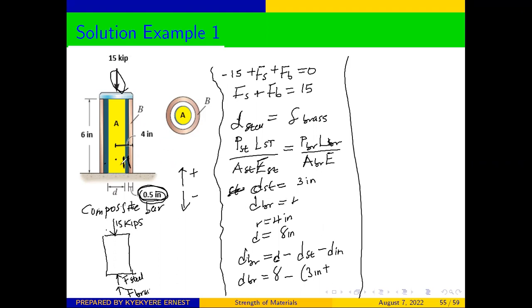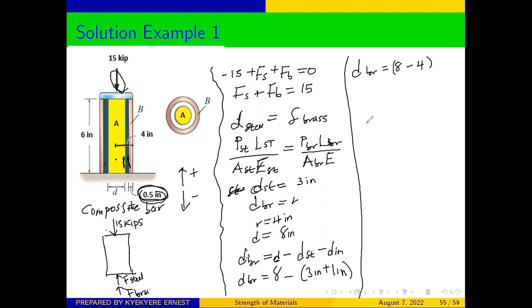So if this thickness is 0.5 and that is 0.5, the whole thing is going to be 1 inch. So from there we can see that the diameter of the brass should be equal to 8 minus 4. Good.